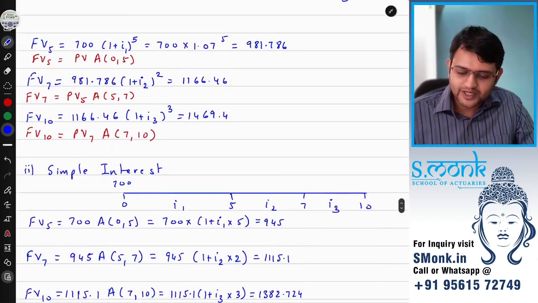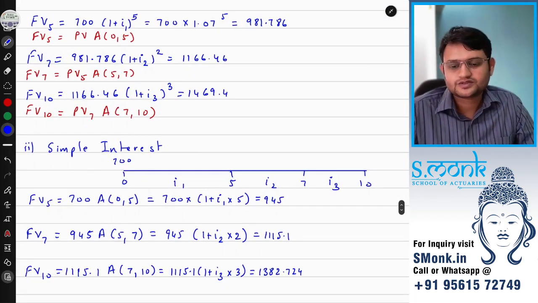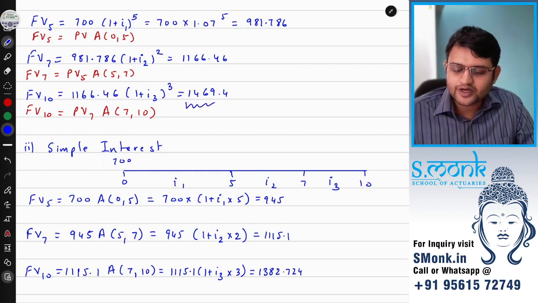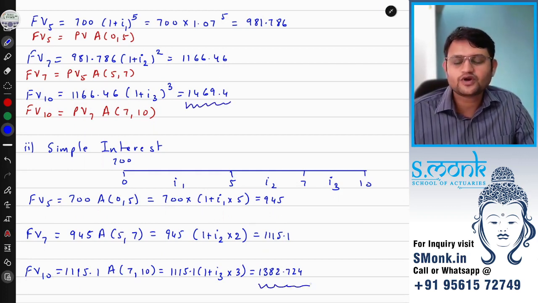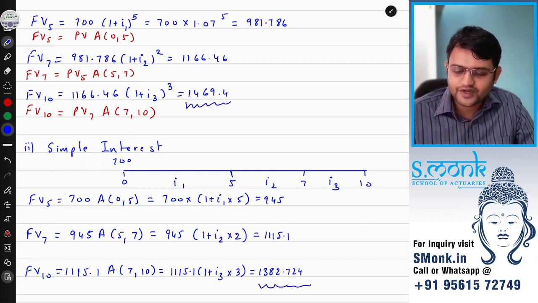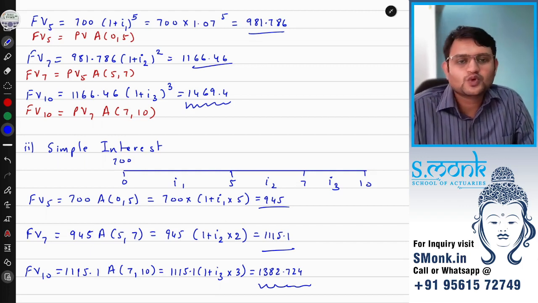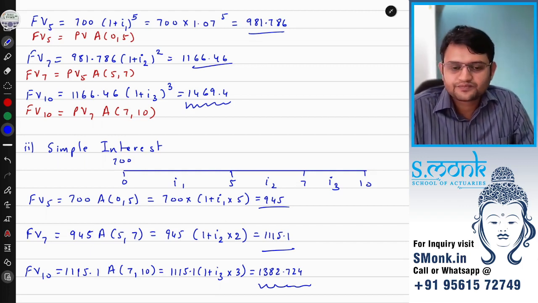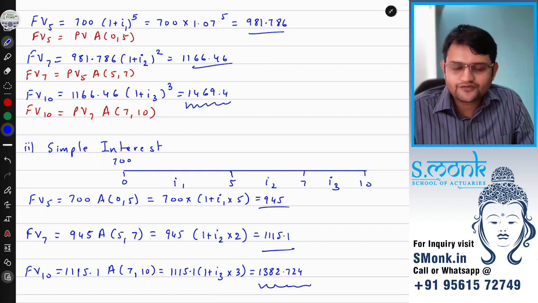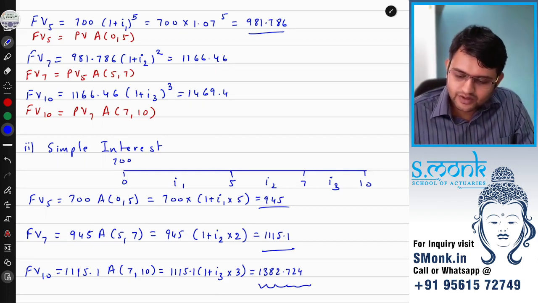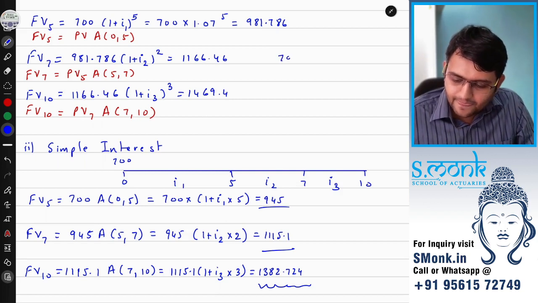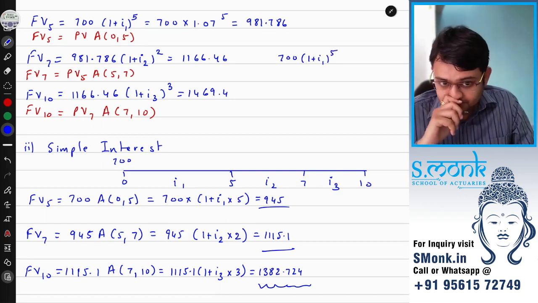Now we were comparing simple interest and compound interest. Clearly, in compound interest we will definitely earn more than in simple interest. In every time frame, you will see that compound interest is going to earn you more. That is fine. But if you observe here, what I am doing is taking 700 and first applying 1 plus i1 for 5 years.